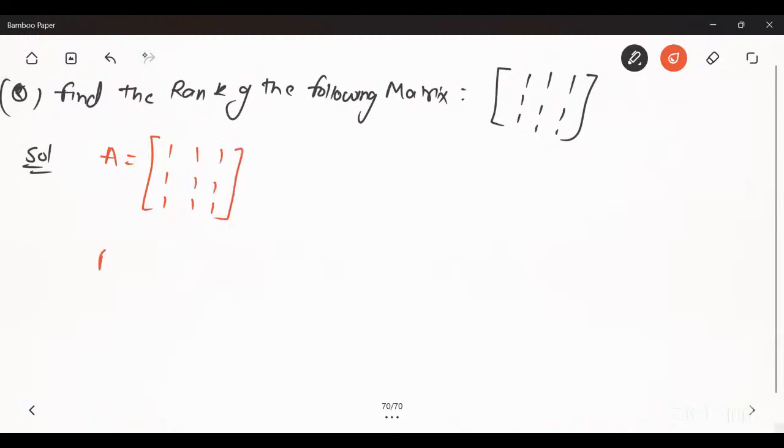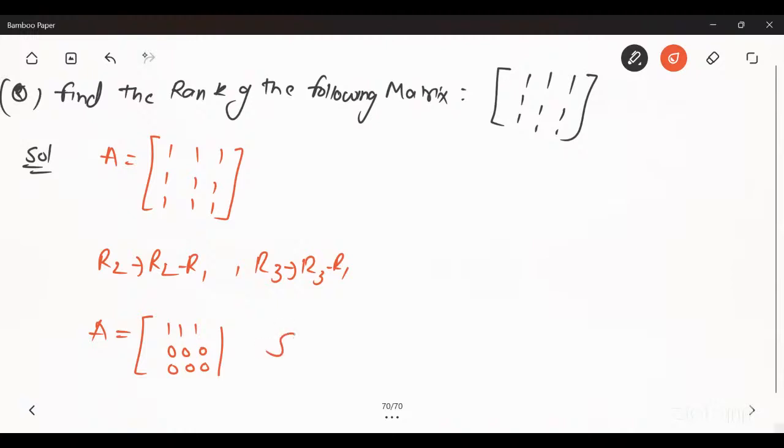Now I am applying R2 goes to R2 minus R1 and R3 goes to R3 minus R1. On applying that row transformation, I will get A is equal to 1 1 1, 0 0 0, 0 0 0. So I find only one row which is not equal to 0. So the rank of matrix A is 1.